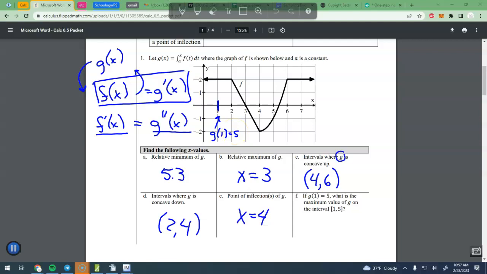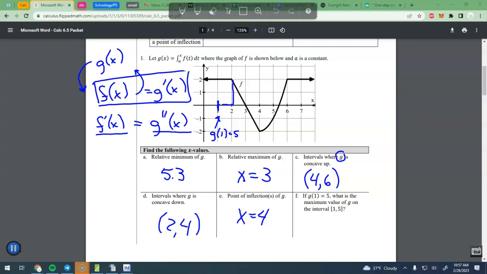I don't care what G looks like, I just know that when I start off, I have 5 units of whatever. Well, I'm going to keep accumulating. I'm going to look at 1 to 5. Where does the maximum value happen? Right here, I've added 2, right? If I'm at 5, by the time I get to here, aren't I at 7?